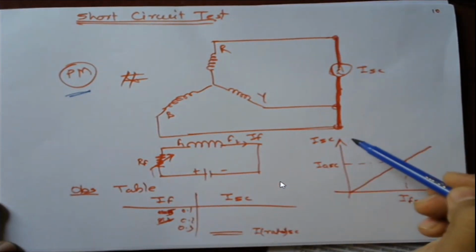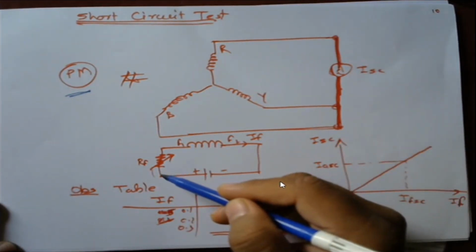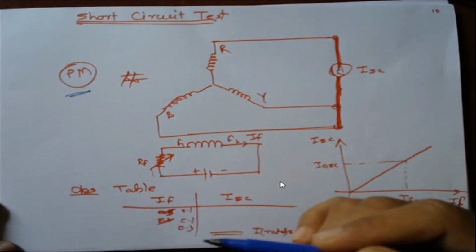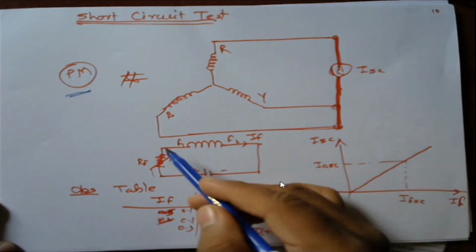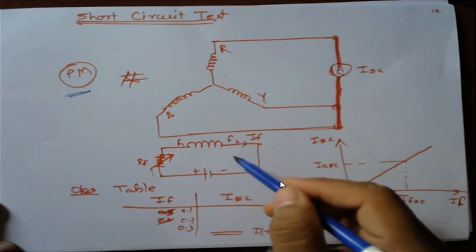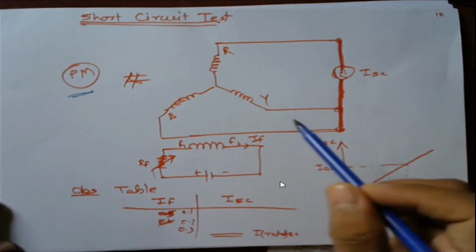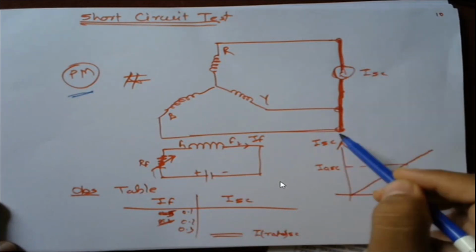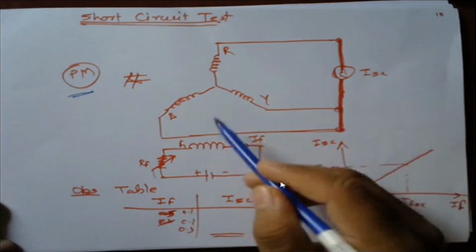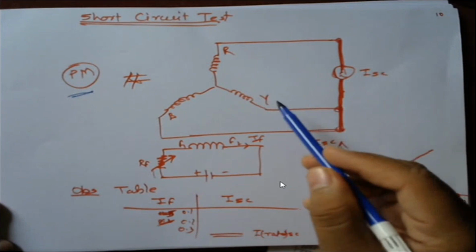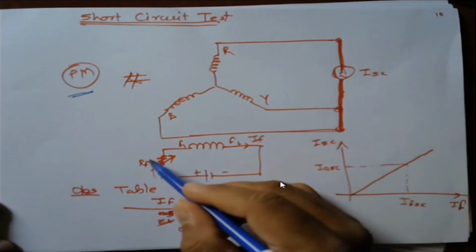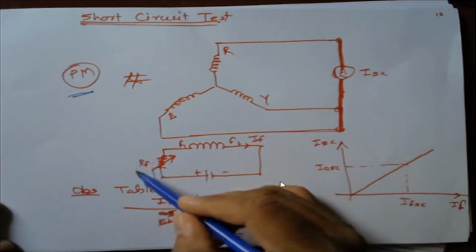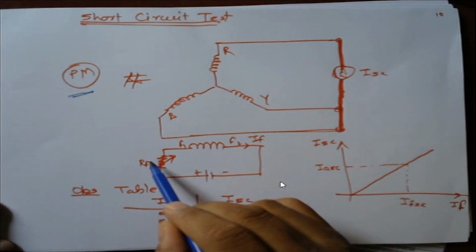As it is short circuited, if accidentally, for some reason, I apply excitation at the time of starting, there might be a very high current flowing through this link, and it may cause damage to the alternator or armature. So as I told you, I have kept this resistance at a higher value, so the excitation is 0.